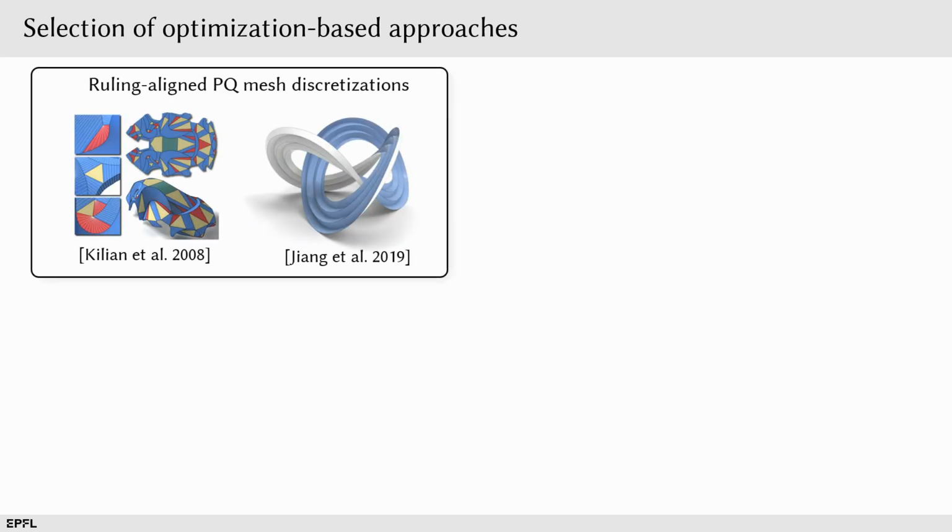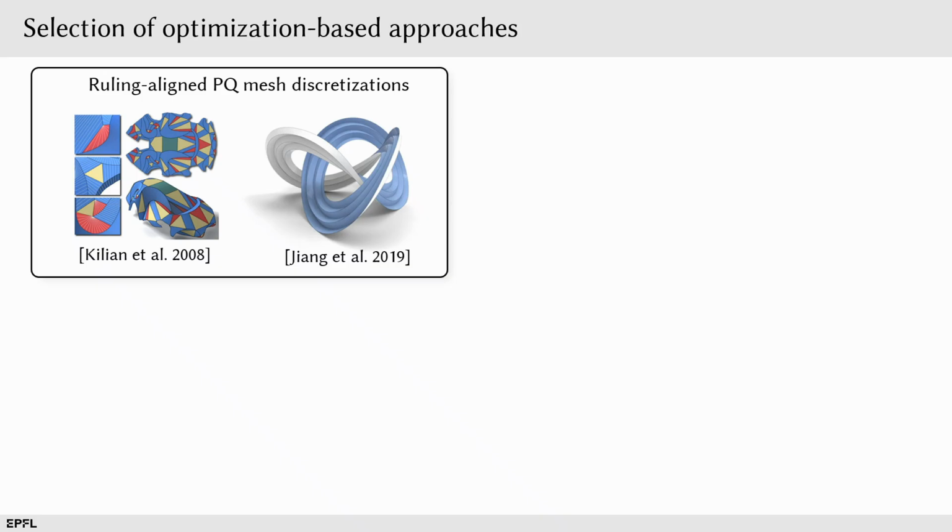Due to the versatility and ease of fabrication, developable surfaces and compositions of developable surfaces have been a popular research topic. There are multiple modeling approaches. There are works that look into discretization-based approaches where shapes are modeled as PQ meshes, where the edges of the mesh are aligned with the rulings.